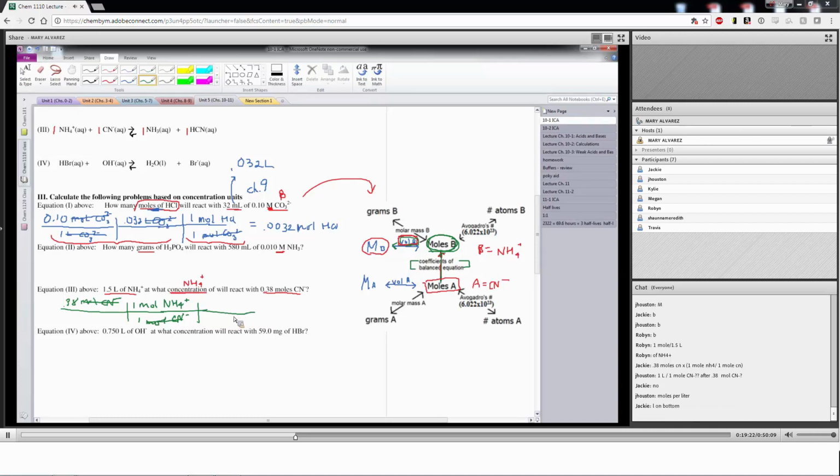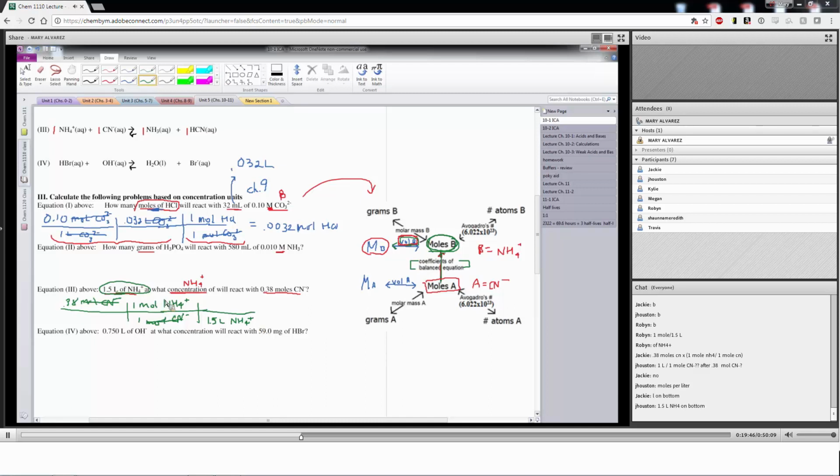Liters on the bottom, that'll give me moles per liter. But I can't just put liters on the bottom. I have to have a number that I'm using or a conversion factor. What do I put on the bottom? Perfect. Here's the liters of NH4 that I can put on the bottom. Liters of my ammonium solution.